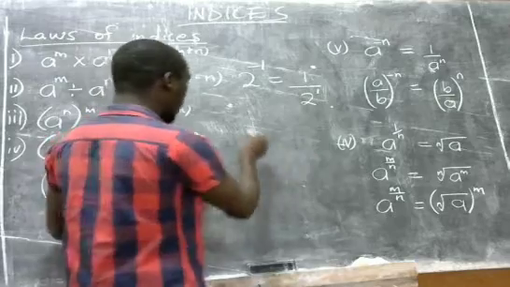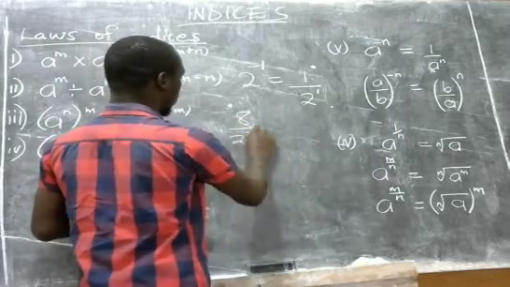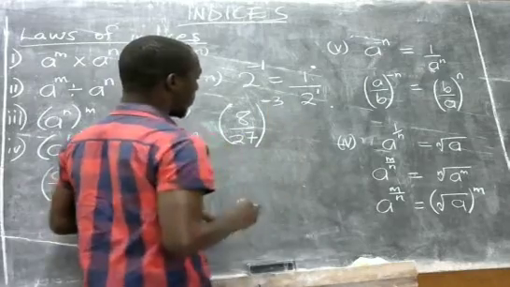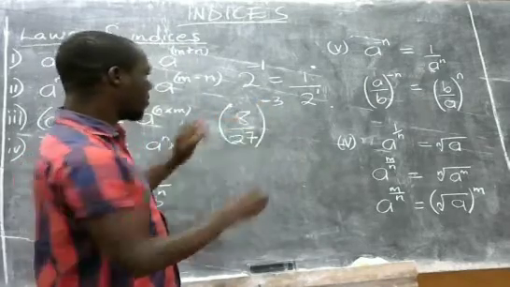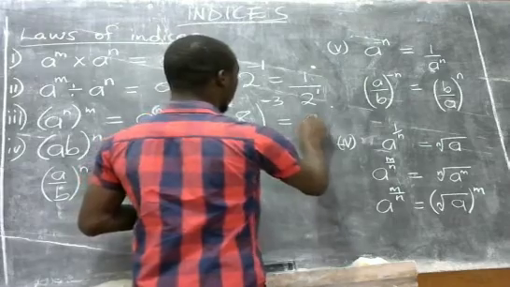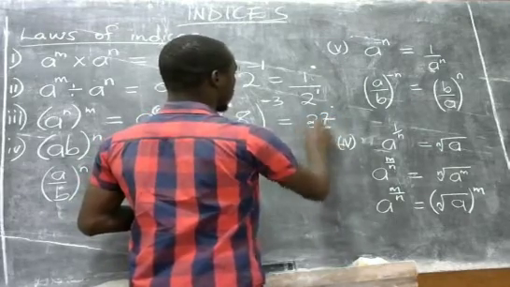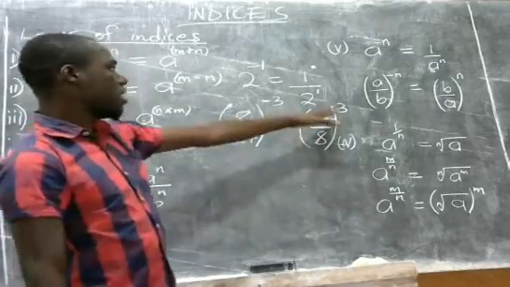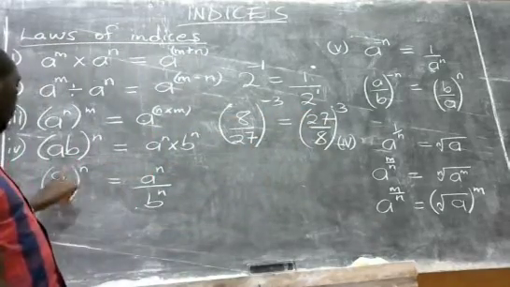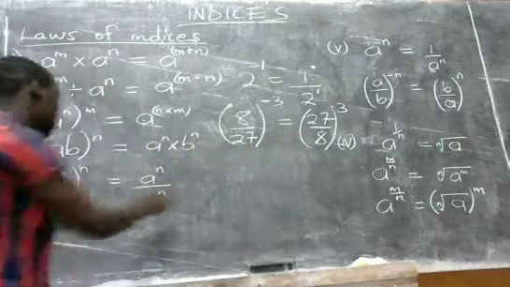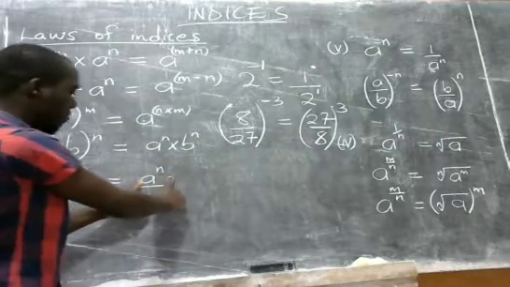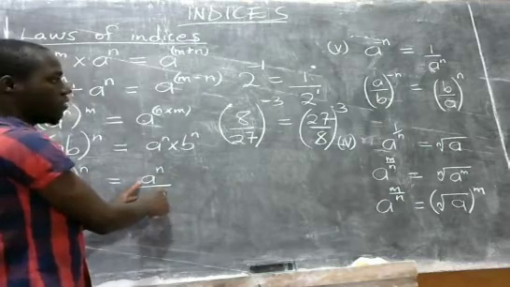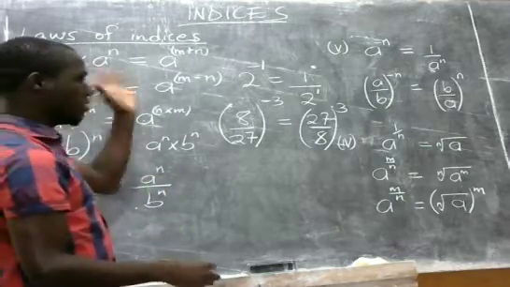For example, if I have 8 all over 27, power negative 3, to make the power positive, that one's going to be 27 all over 8, power 3 now. Then from there, you open the bracket, distributing the power on each and every number, and then you continue with the simplification.